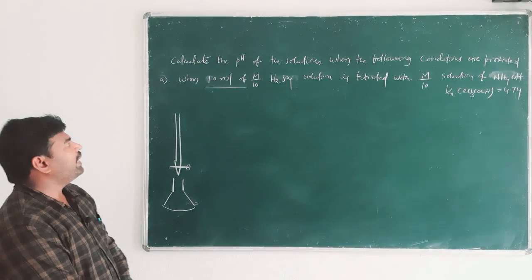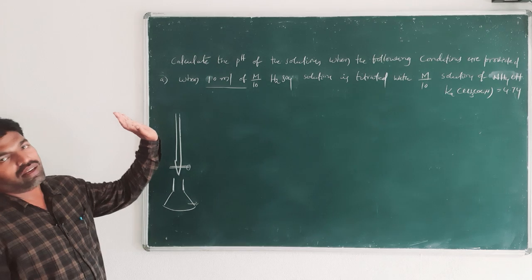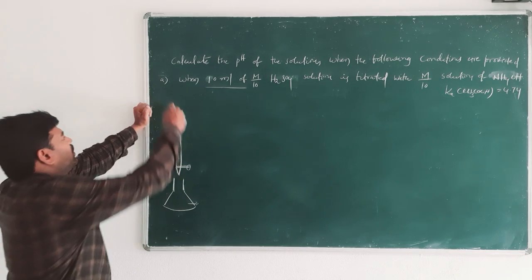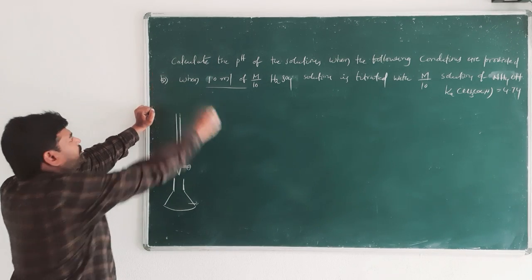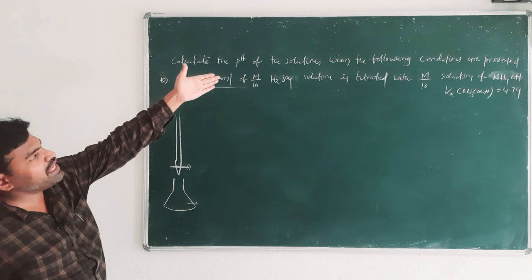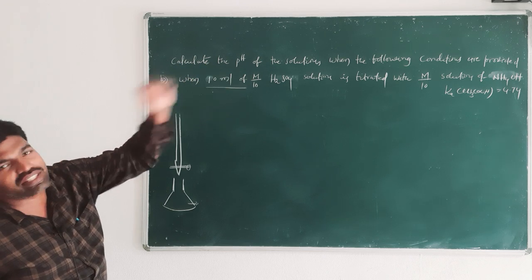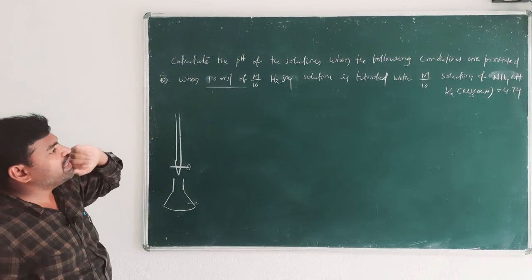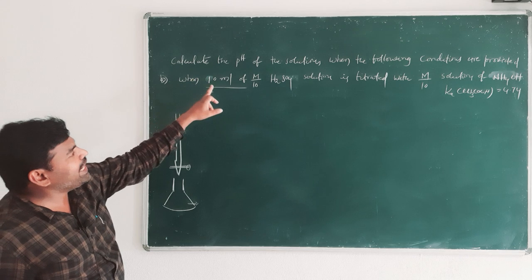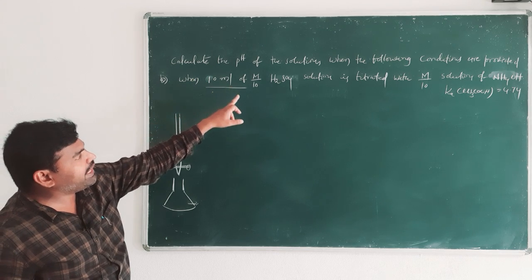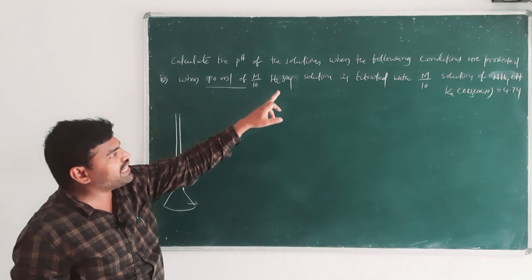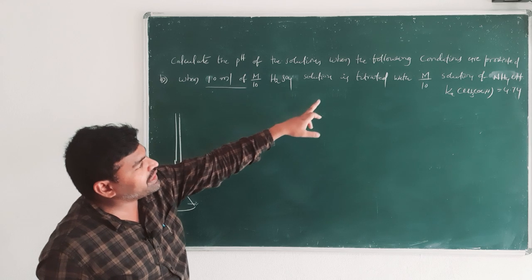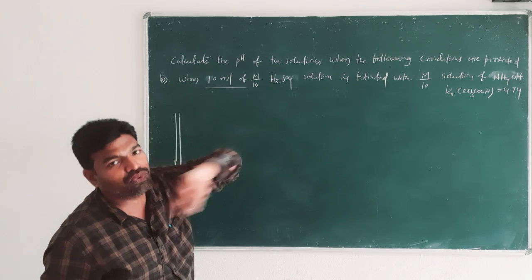Okay. And the next problem is problem B. Calculate the pH of the solutions when the following conditions are provided. Case 1 is when 10 ml of M by 10 H2SO4 solution is titrated with M by 10 solution of NH4OH.